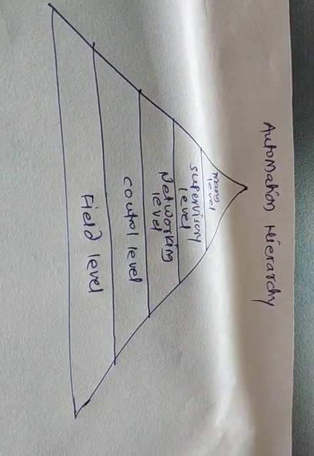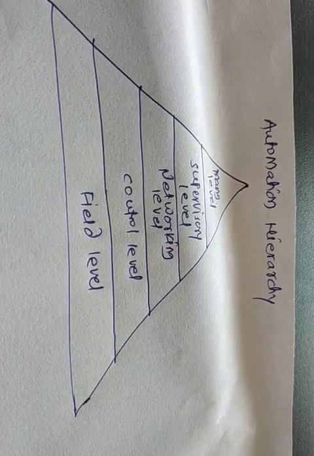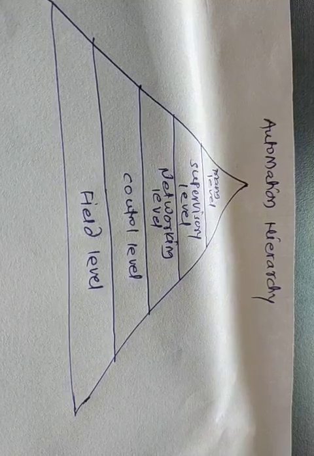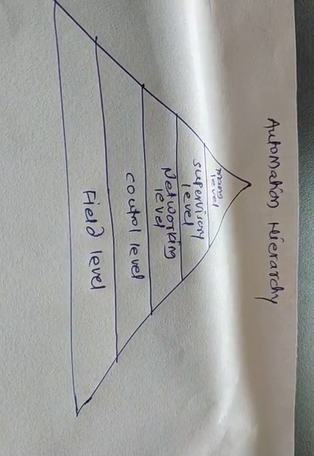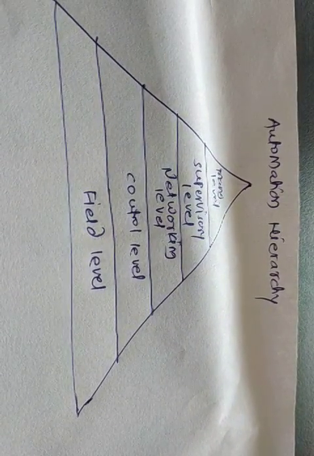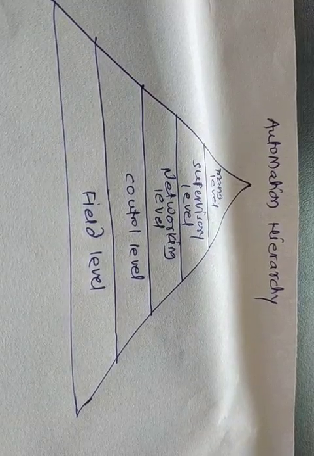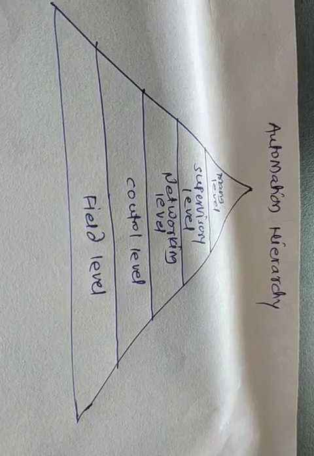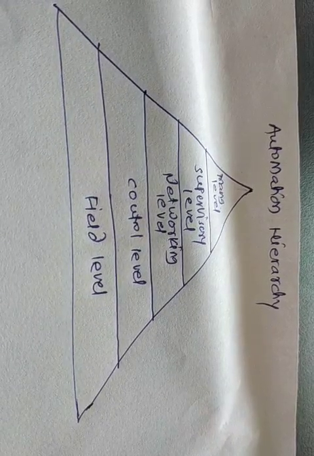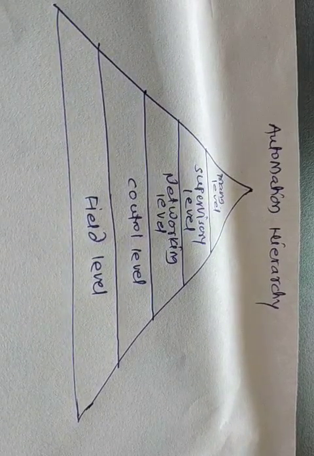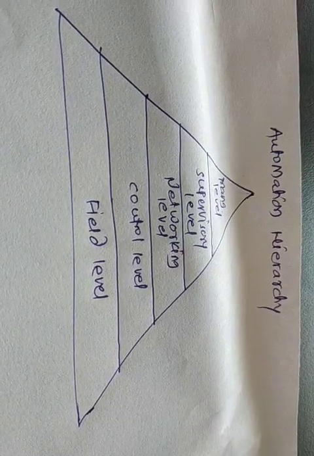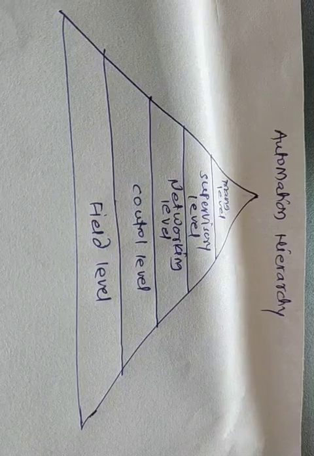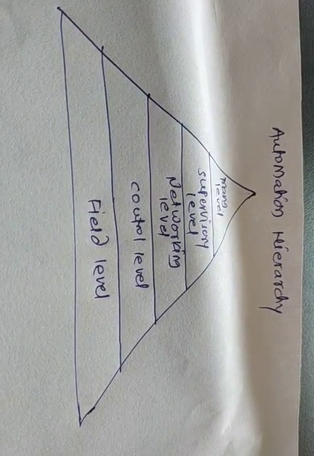The first level is the field level. The field level is the innermost system of the automation. The basic components of the field level are sensors, push buttons, actuators as well as lamps. These sensing devices convert electrical or non-electrical parameters into a form that can be digested by the process controller.